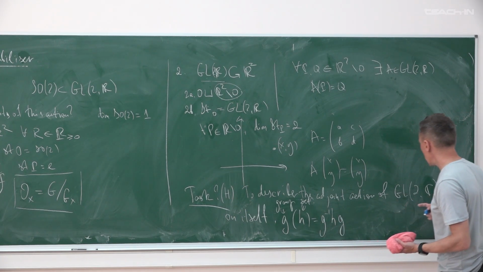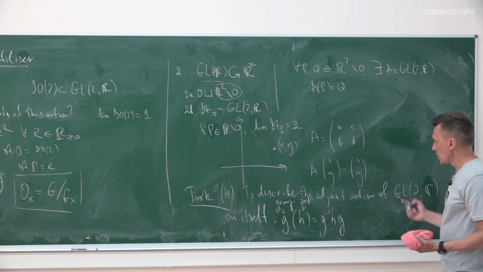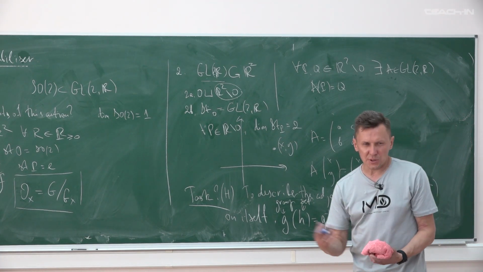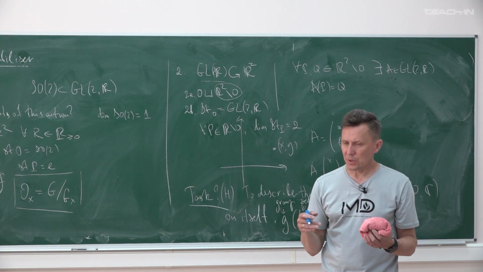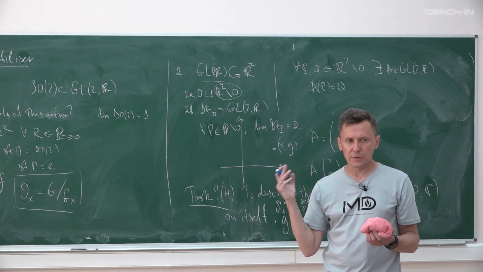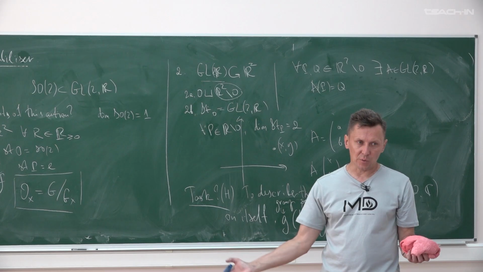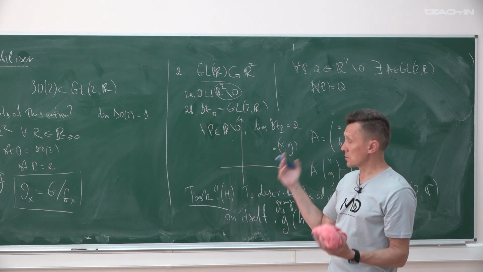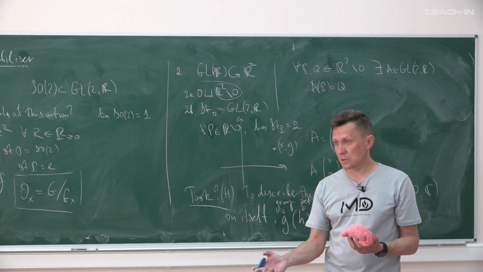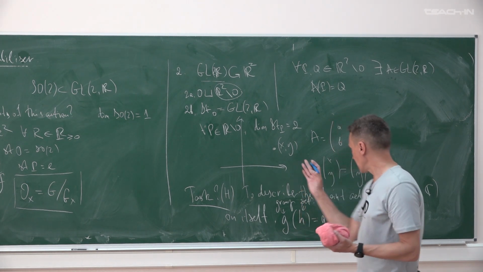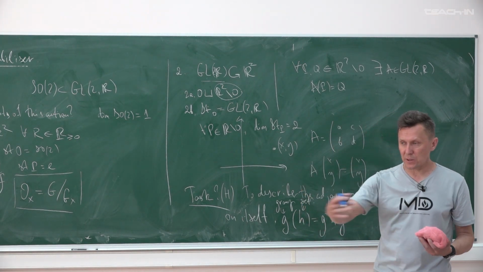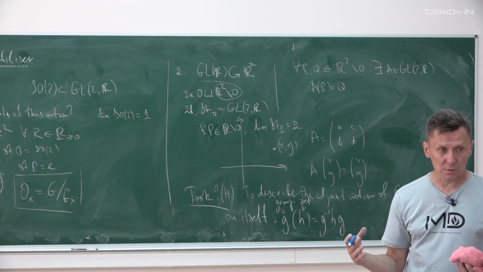You understand that GL2 can act on itself by conjugations. It is called the adjoint action of the group on itself, and there is the same question. What are the orbits? What are the stabilizers? How is the set of all matrices separated into a disjoint union?